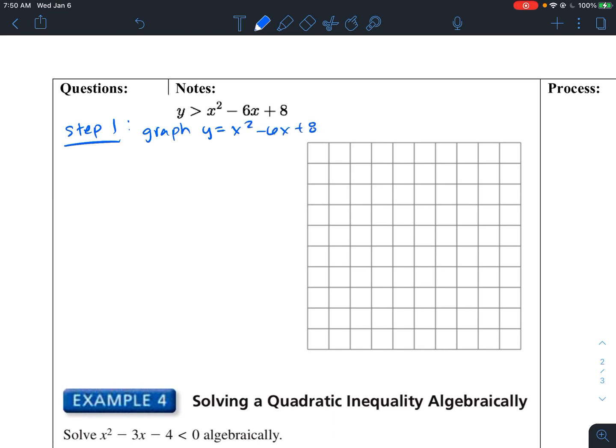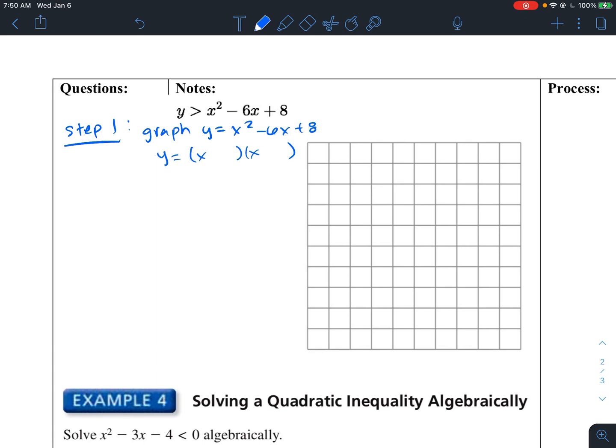So I'm going to factor this again. So I know that this will equal two binomial factors, and they have to multiply to be 8 and add to be negative 6. So if they multiply to be 8, that means it has to have factors of, say, 4 and 2.